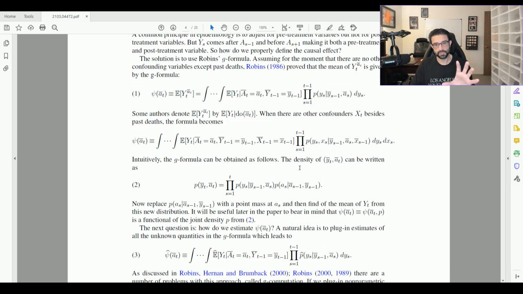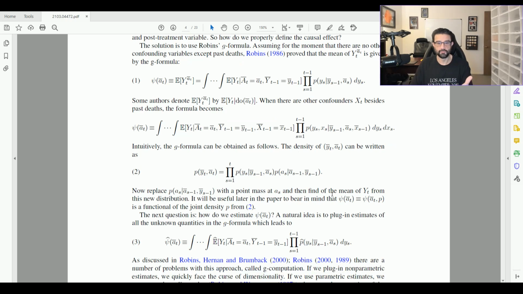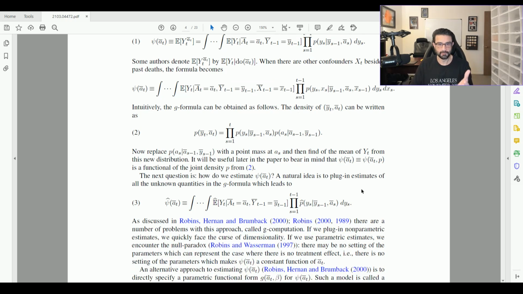So papers like this are excellent opportunities, and you should really look for papers that do thorough explanations, both mathematically and in plain language, of what they are doing and how they're doing it.